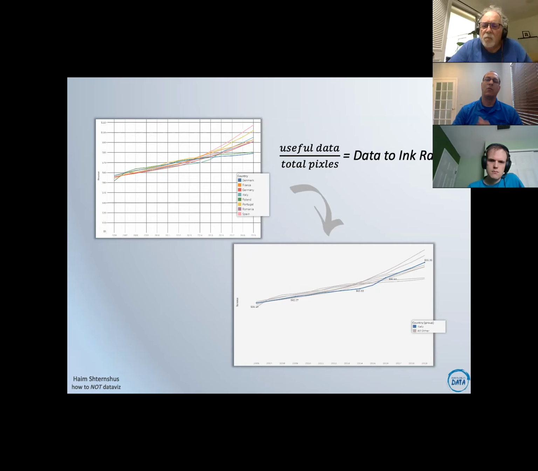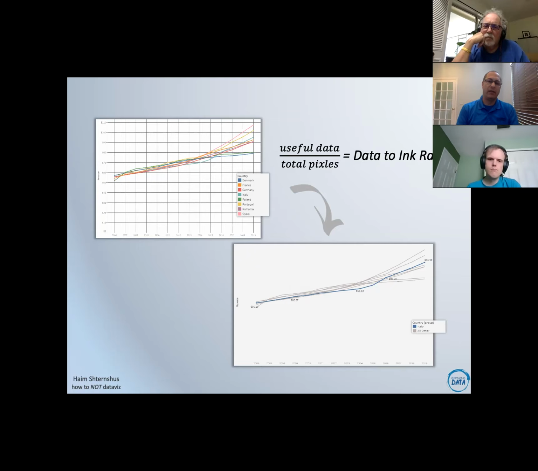So it's a way of getting rid of all the information that is not useful for us, all right? So those grid lines or the legend, if we don't have to have it, we get rid of it. And the less information our eyes and brain have to digest, the easier and faster we can understand what the graph wants to show us.